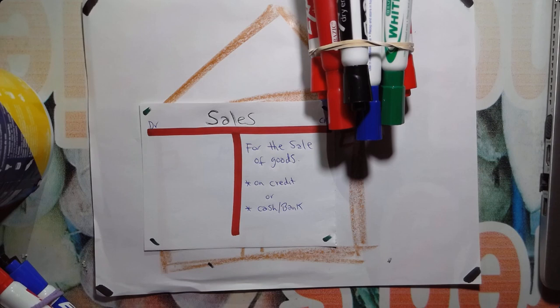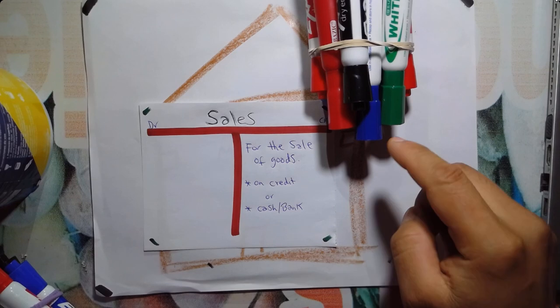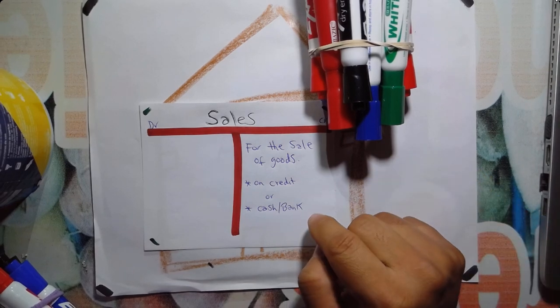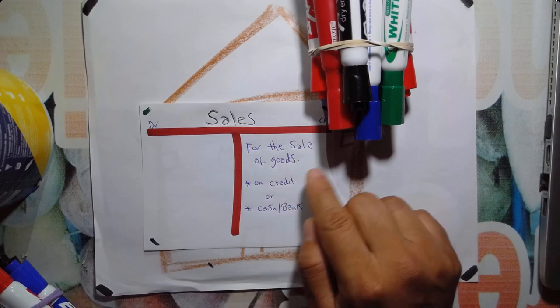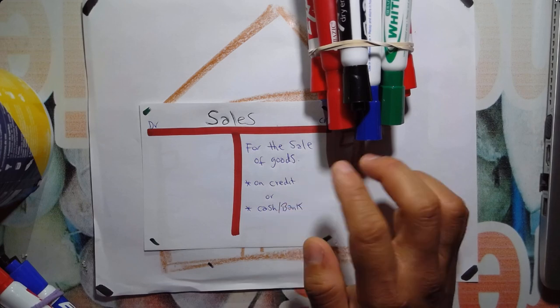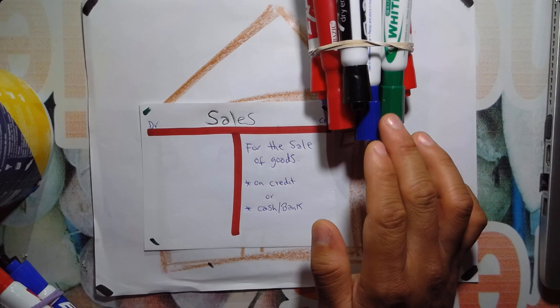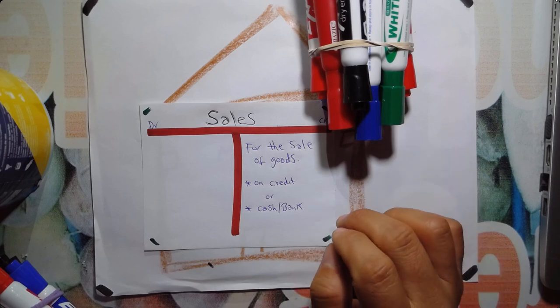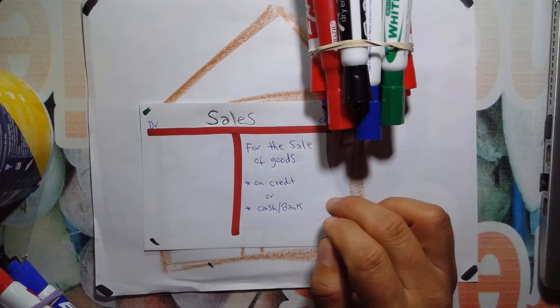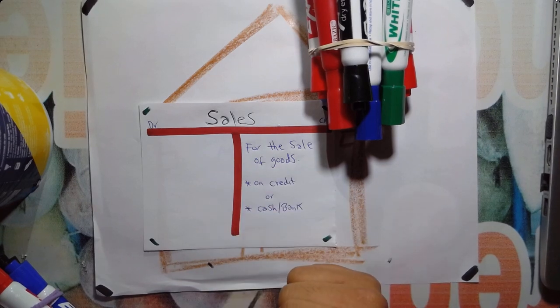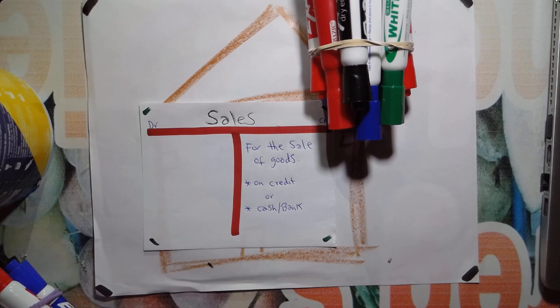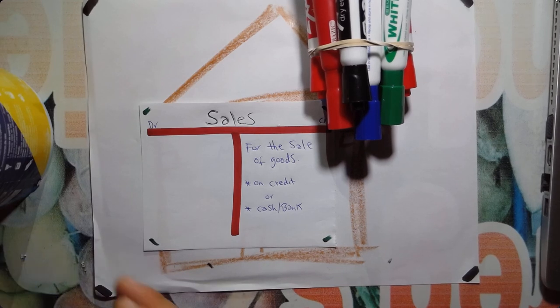So if I want to decrease inventory because of a sale, I must do it on the sales account and I must do it on the credit side, because I have less inventory for sale. Again, keep in mind that inventory is an asset which includes sales, right? So that is why we do a credit entry on sales.